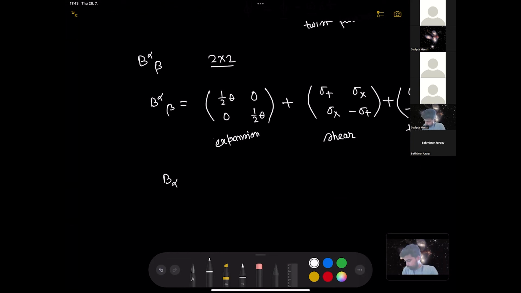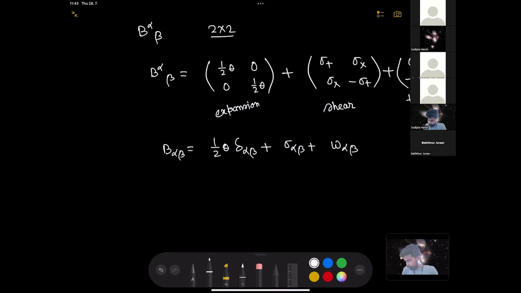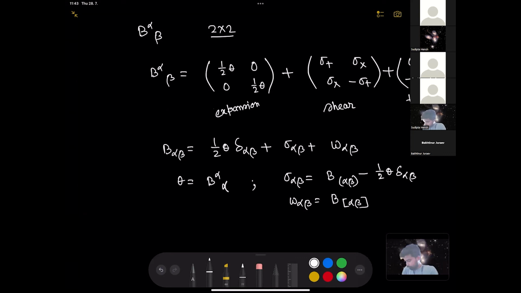So it will be B alpha beta equal to half theta h alpha beta plus sigma alpha beta plus omega alpha beta, where this theta is just the trace of B, and this sigma alpha beta is basically the trace-free symmetric part, and omega alpha beta is completely the antisymmetric part representing the twist.